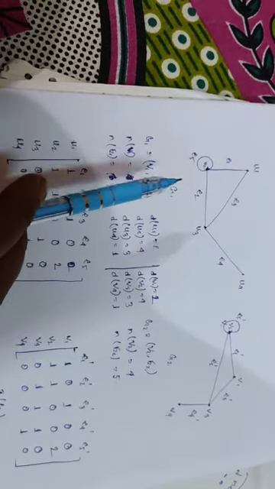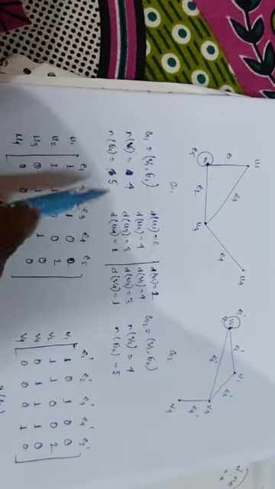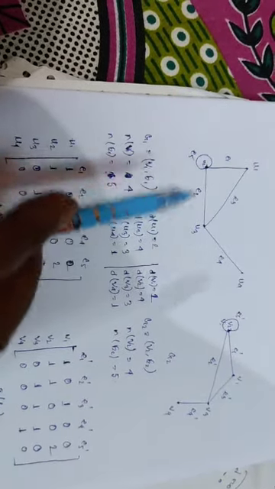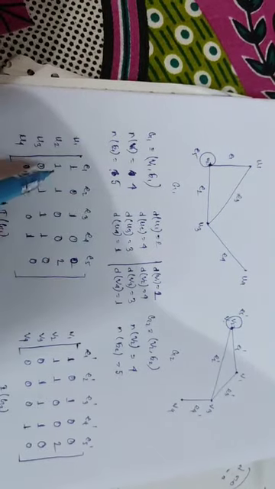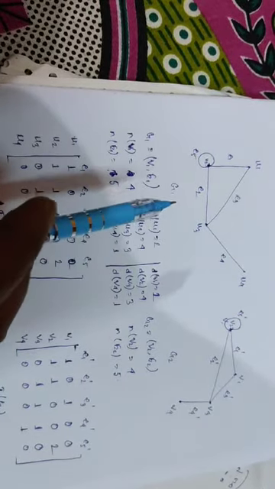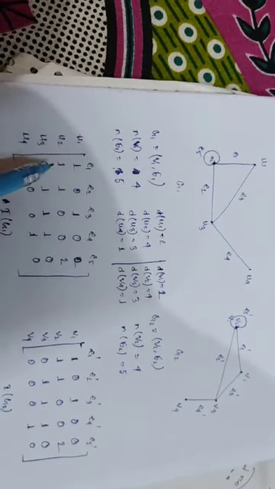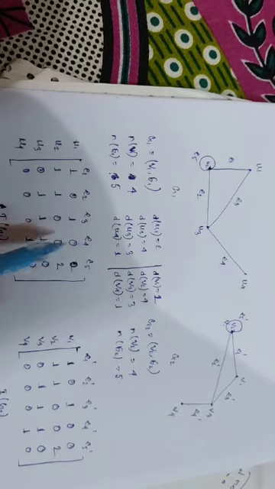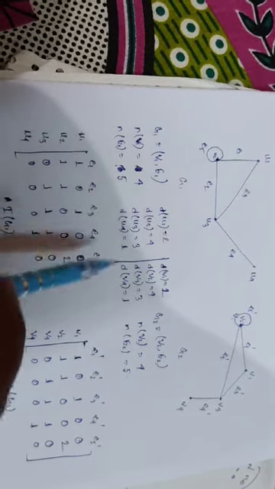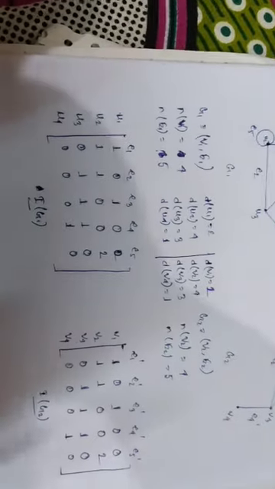Similarly, now check that U2 is connected with E1, E2 and E5, and since U2 contains the loop, yes, U2 is also connected with E1, so we put here 1 for E2 1. There is no connection with E3 and E4, so we put here 0. And since E5 is a loop, so we put here 2.